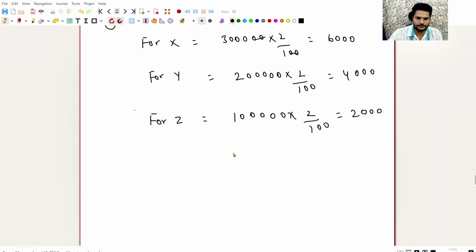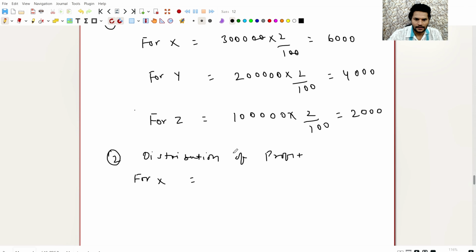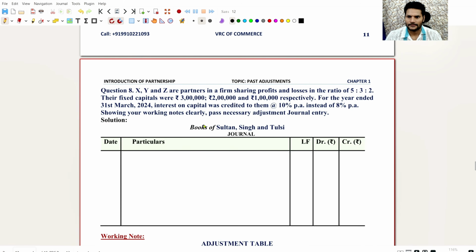Working note number 2, distribution of profit. For X, this will be 12,000 into, what is the ratio? 5:3:2.